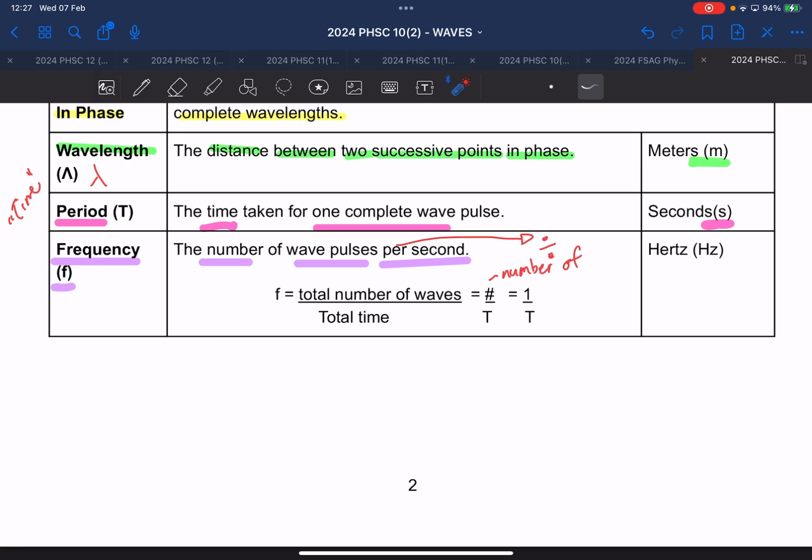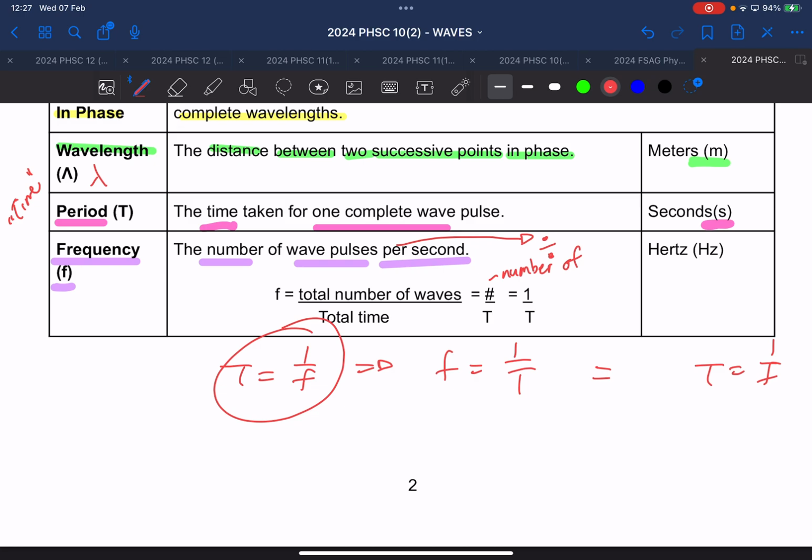The one that's on your sheet is T is 1 over f, but you can just rearrange that to get f is 1 over T. If you swap these two around, what you do on the one side, you do on the other side, you get that, which is that.